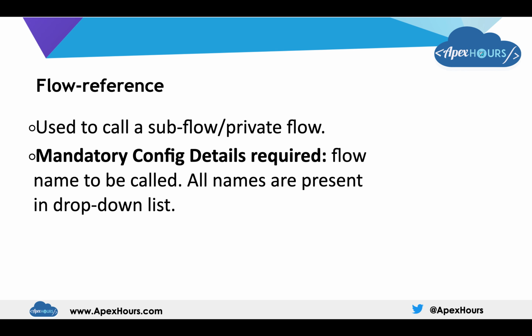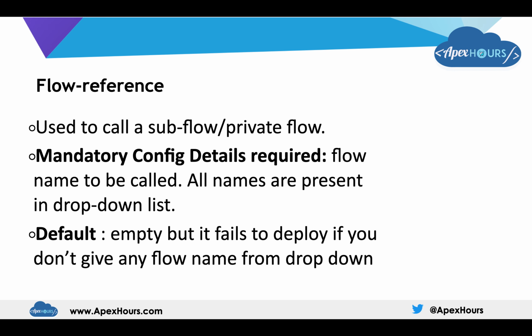What are the mandatory configuration details required? I told you everything is a configuration here in MuleSoft. The mandatory configuration detail is the flow name that you have to call. You don't have to type any flow name. All you have to do is open the drop-down, and you will see the list of flows present within the Mule application and you can choose one. That's why we love MuleSoft.